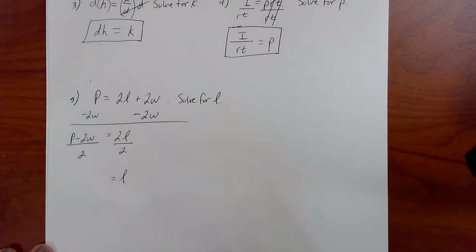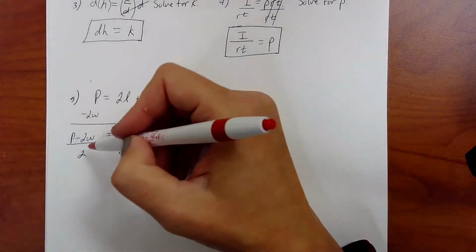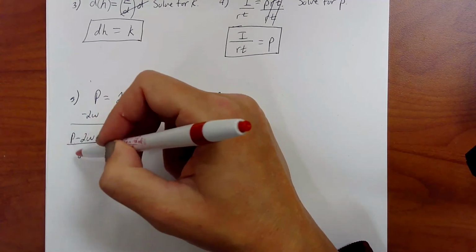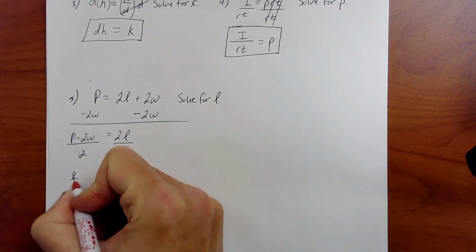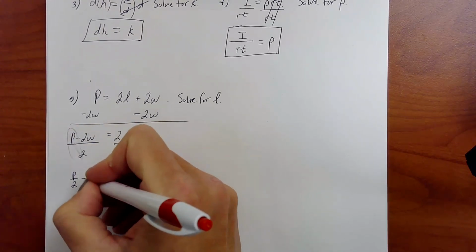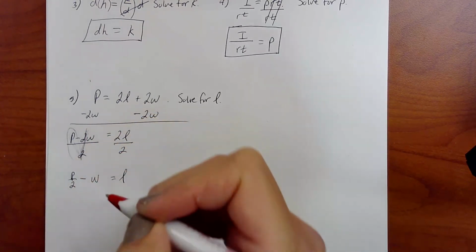Now here's what we were talking about in the beginning. Try to get it as simple as possible. So I could divide the 2 here, but I'm also going to have to do it here. So I guess I'd have to say this is P over 2, right? Because I can't really divide that, minus these 2's will cancel out, W.